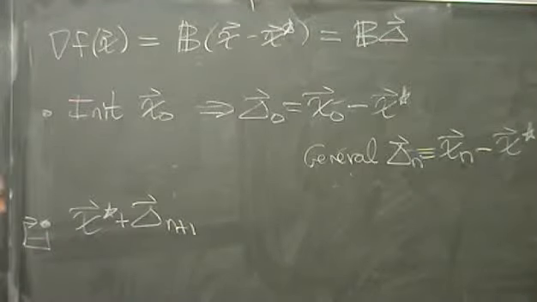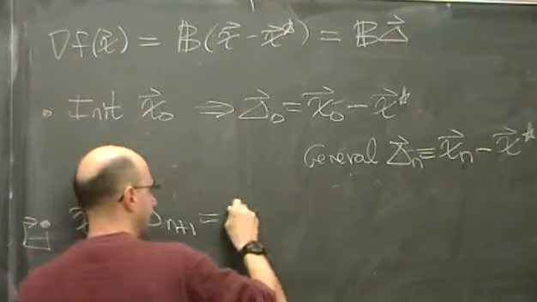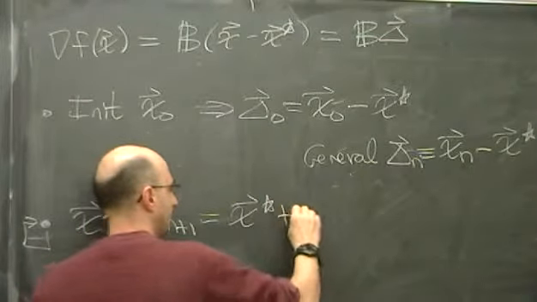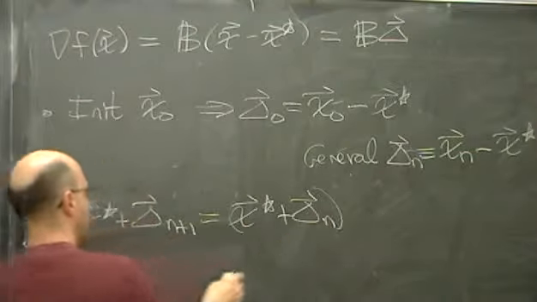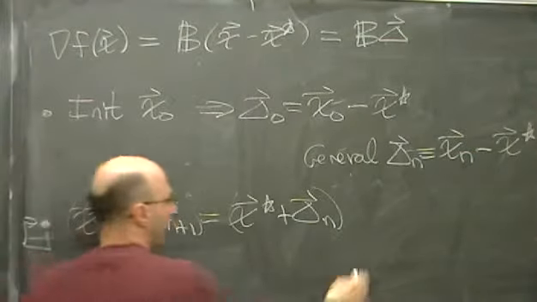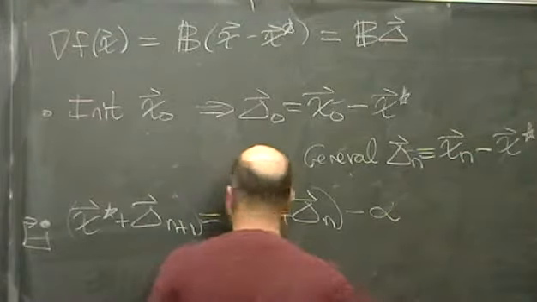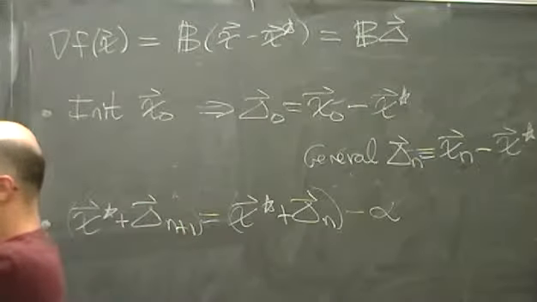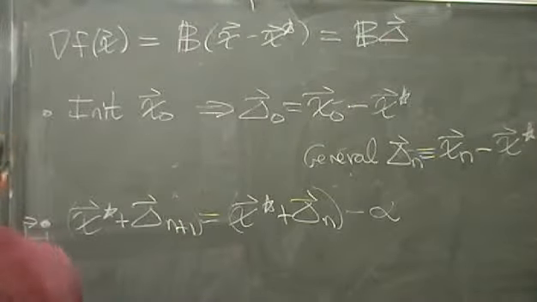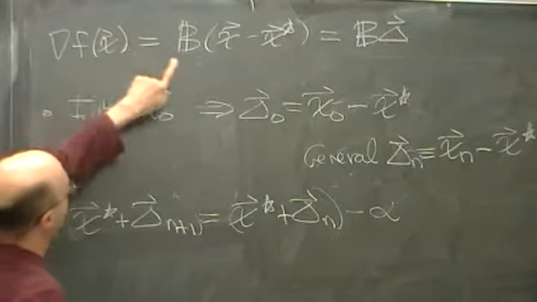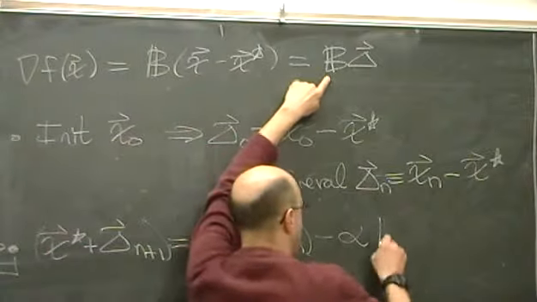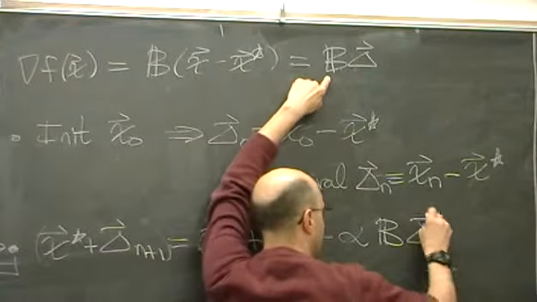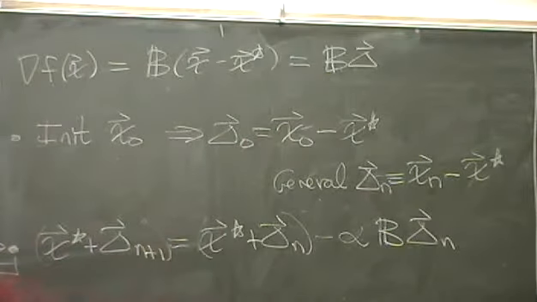And that's going to equal x_n, which is my solution point plus my error at step n, minus alpha times the gradient of f at point x_n, which would be B times x_n minus x star, or just B times delta_n. Just directly substitute.